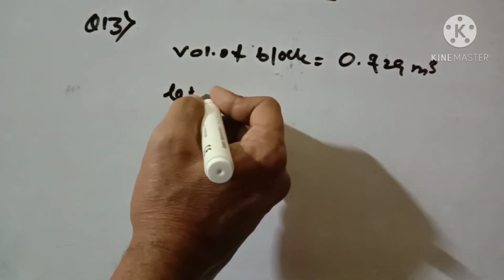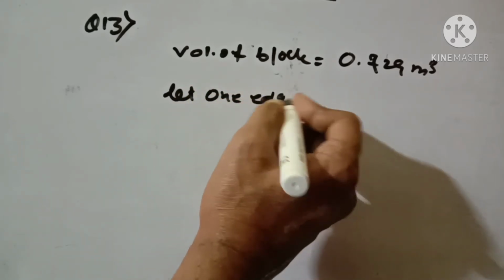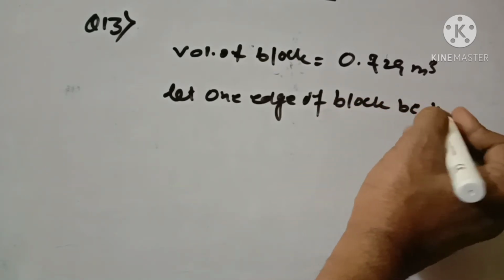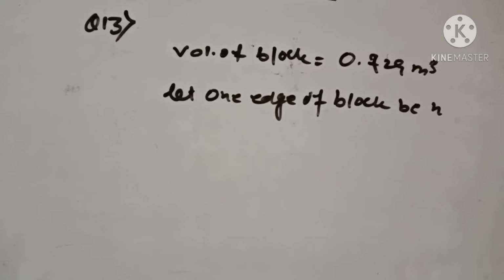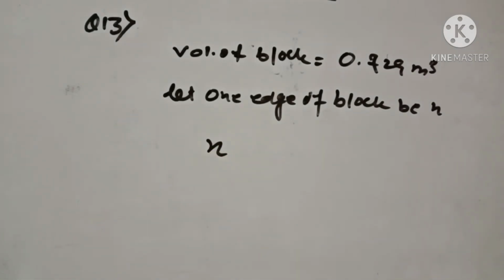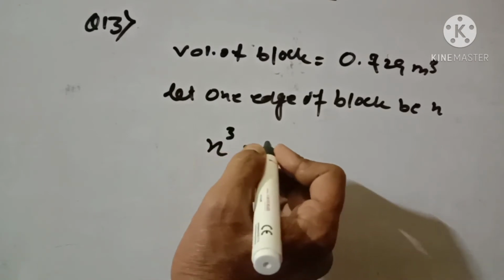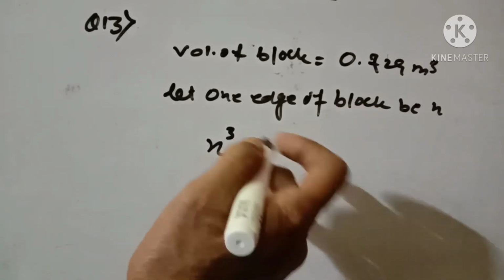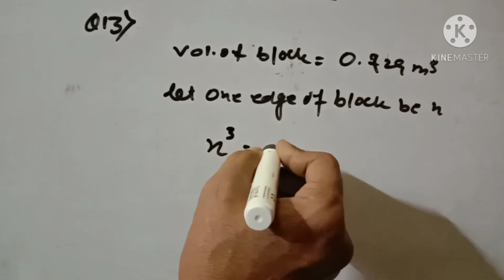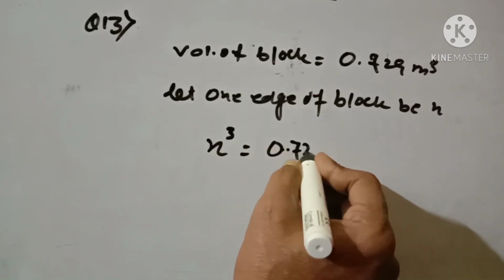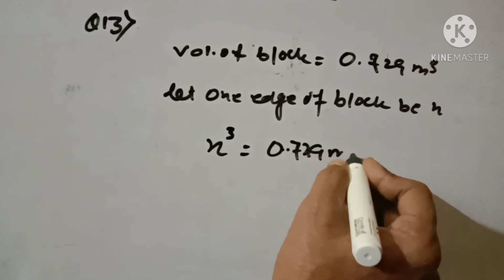Now let the length of one edge of block be x meter. Okay. Now therefore x cube equal to, because as we know the volume of this block will be x cube, and we have already taken out the volume of the block, which is 0.729 cubic meter.